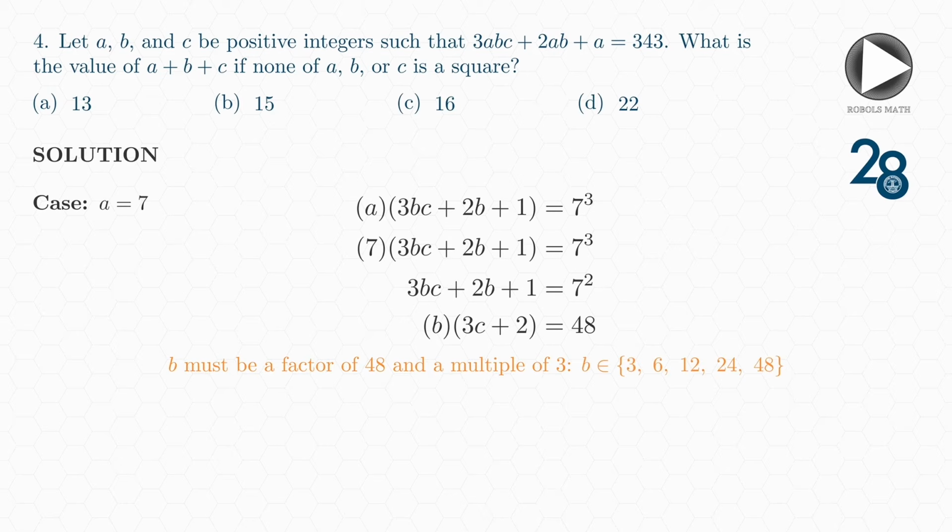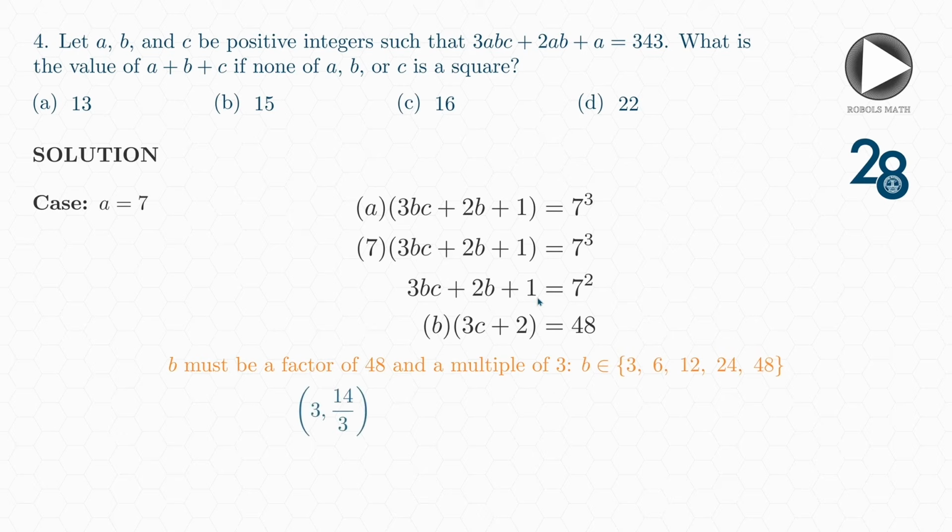Because if you don't do that, you will be looking at all factors of 48, which includes 1, 2, 3, 4, 6, 8, and so on. But with this one, we have only 5 possible values of B to check. And for each value of B, we solve for the corresponding value of C.